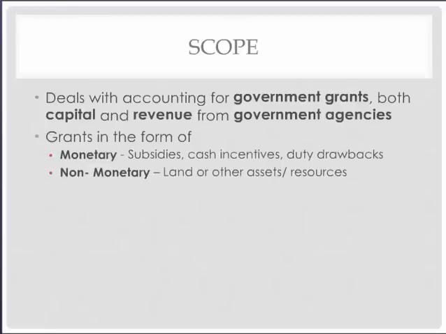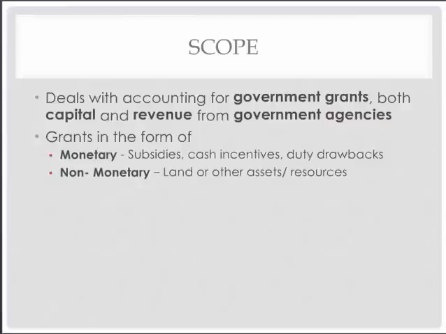Let us now discuss the scope of the standard. AS 12 deals with accounting for government grants, which can be either capital grants or revenue grants. But the important thing is it should be received only from government agencies.